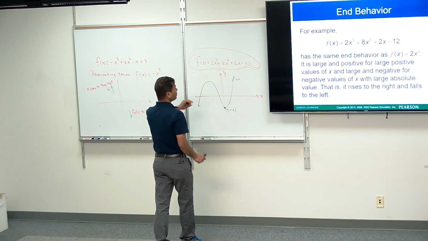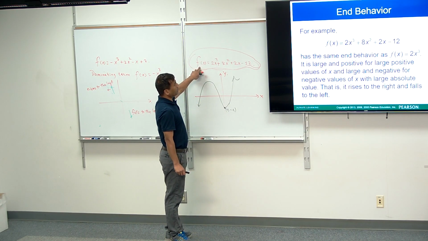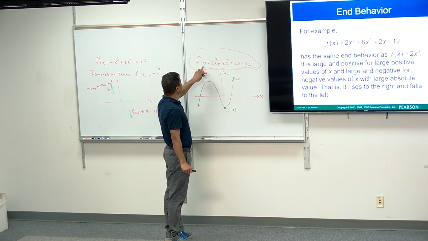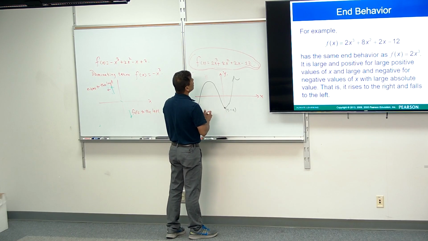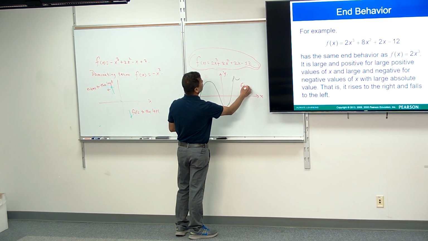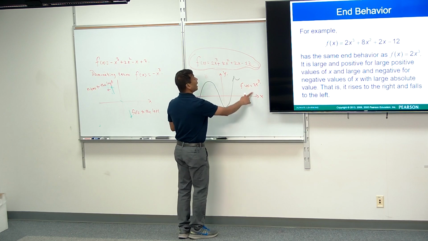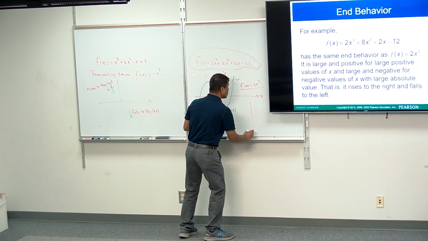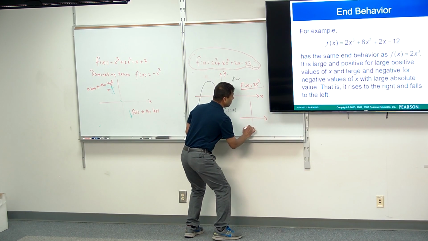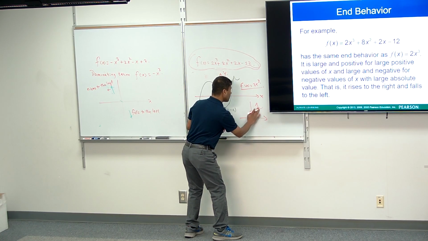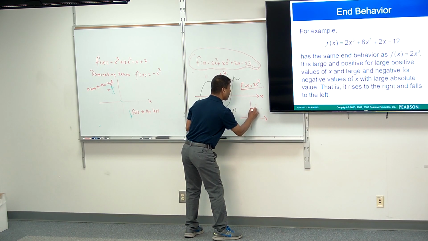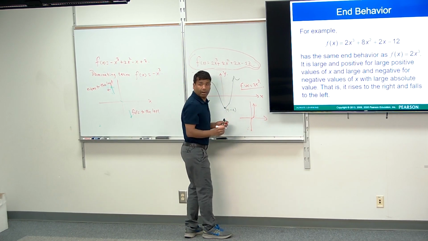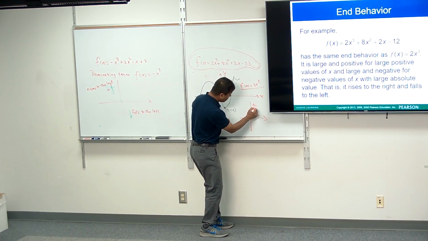So this function has the same end behavior as the function f(x) equal to 2x cubed. And remember, the graph of f(x) equal to 2x cubed looks like this. What happened here?